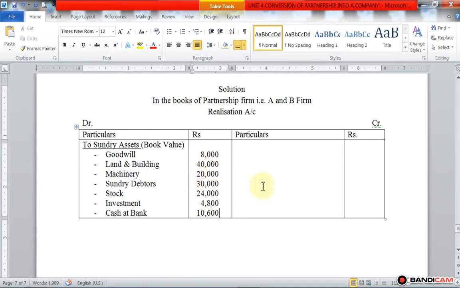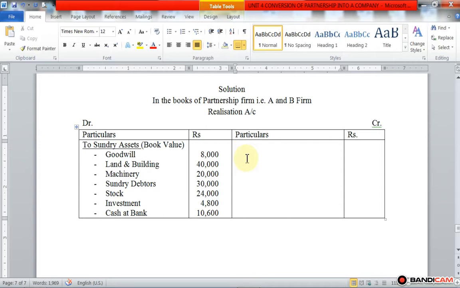Now the second transaction, or second entry, is transfer of all liabilities to the realization account. The entry will be sundry liabilities account debit to realization account. So here we transfer the liabilities on the credit side of the realization account.